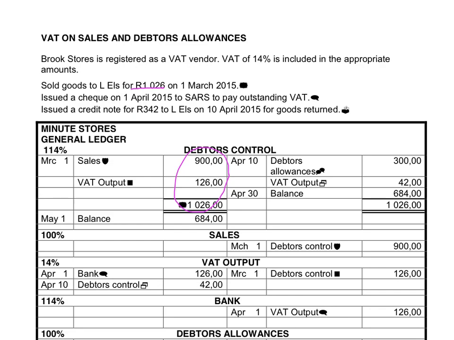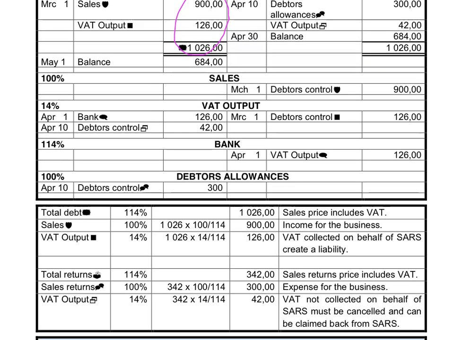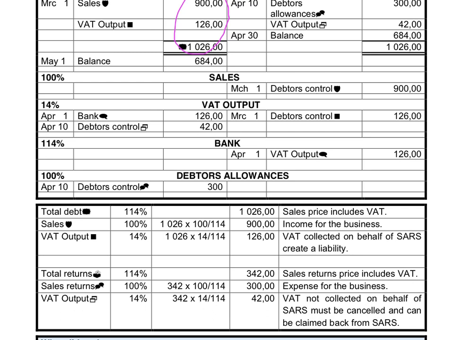So if we look at the calculation to determine how much must go to SARS and how much must go to sales, we see that the total debt that they owe is 114%. Because they owe the money for the sales and they owe the money for VAT. And that 114% equals 1026. The sales amount that the business is entitled to that will increase their profits will be 100%.